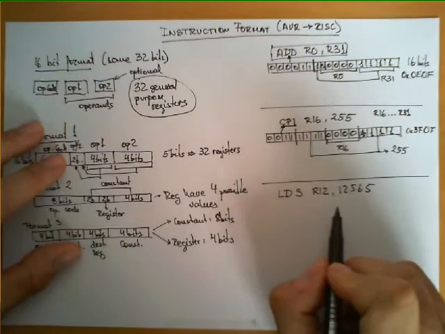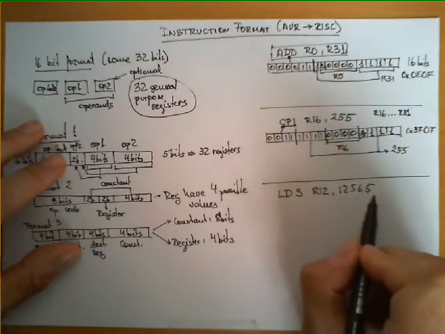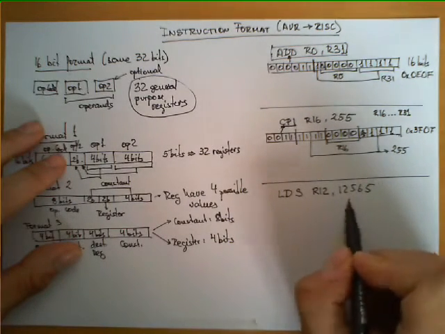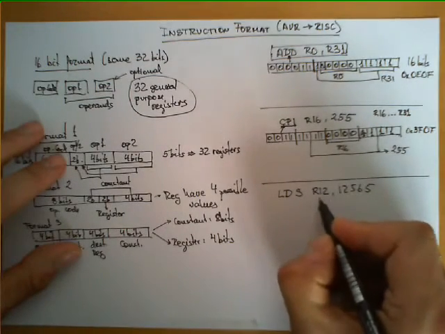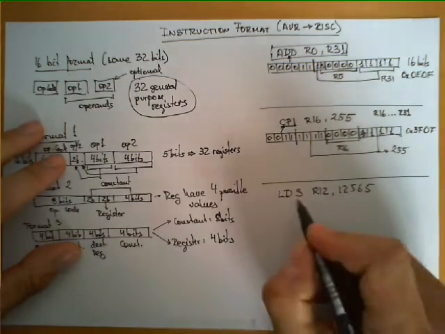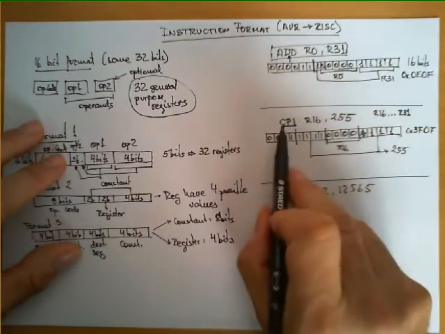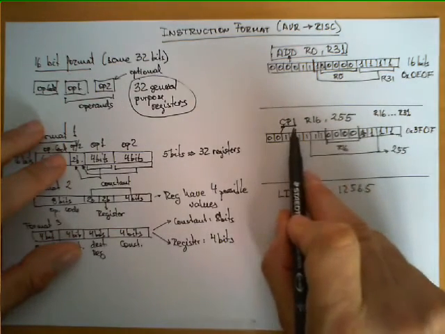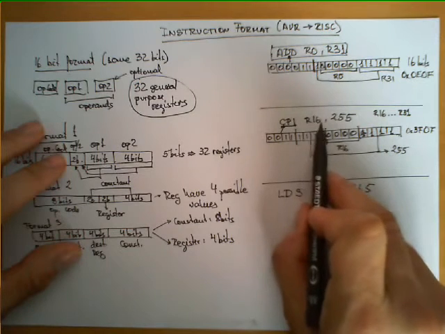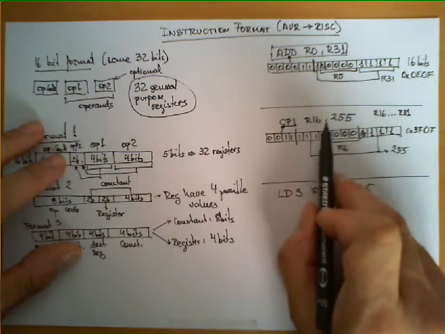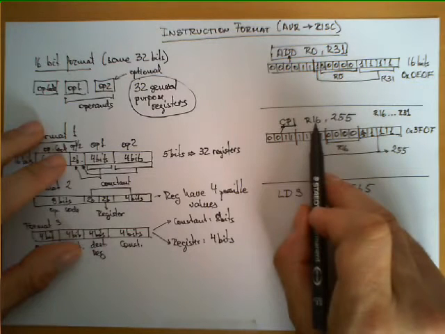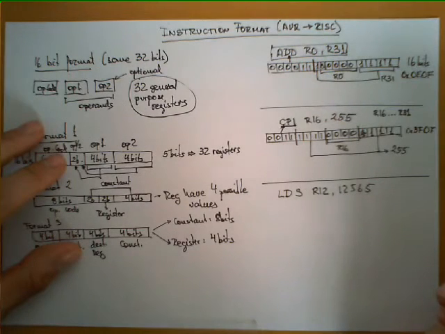This instruction is going to go to memory, to the address specified here, get the information stored in that cell, and load it into register R12. So this is a data transfer instruction. The previous instruction, which I didn't mention, is simply comparing the value of R16 with the value 255, which internally means that a subtraction is performed, R16 minus 255.